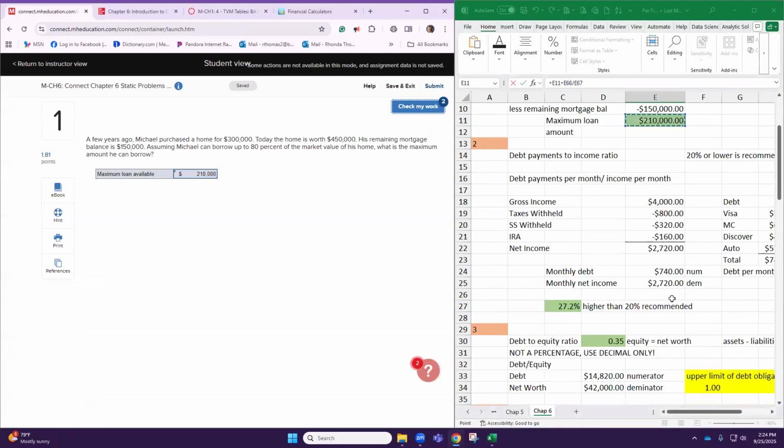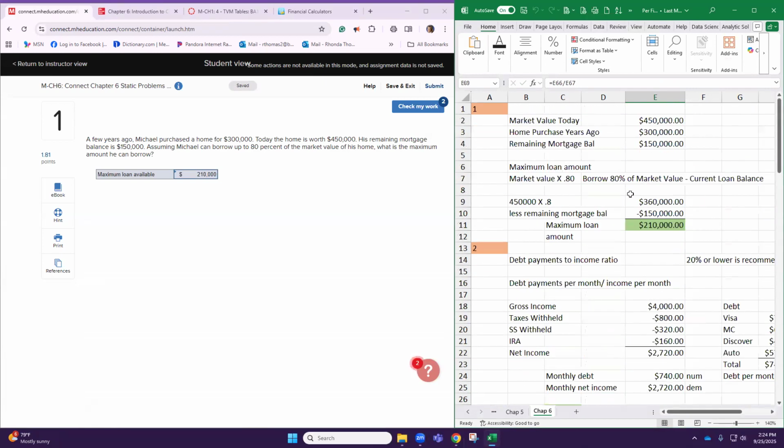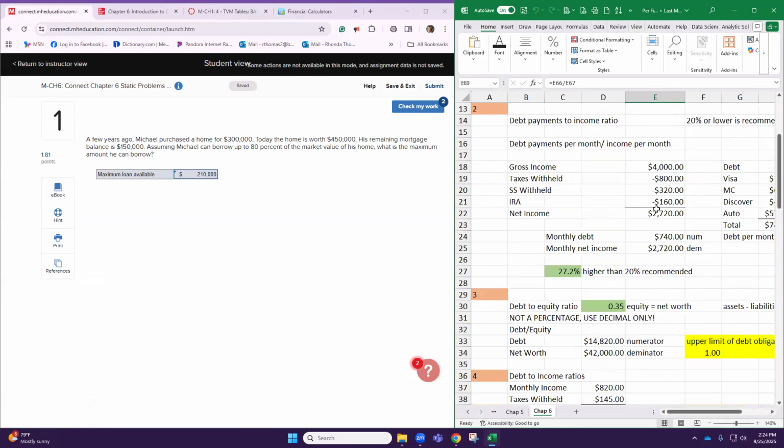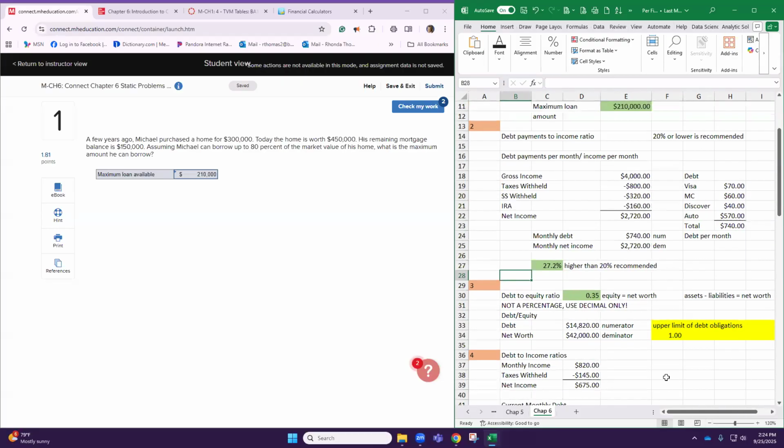We're going to do quite a few different ratios in this chapter. There are often different ratios that banks and financial institutions use to calculate whether you're creditworthy or not, if you're ready for a loan or not.